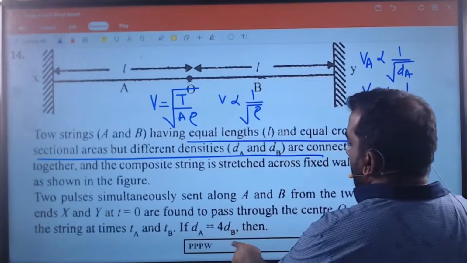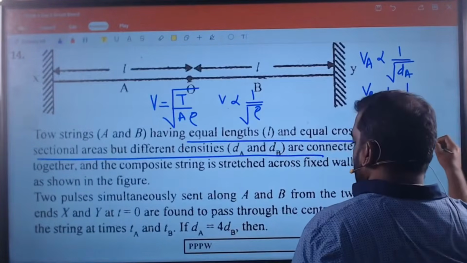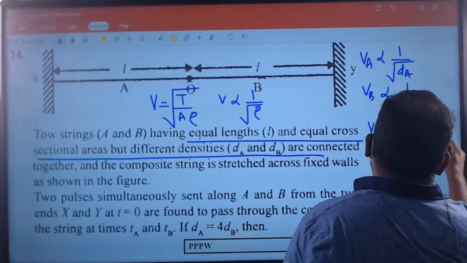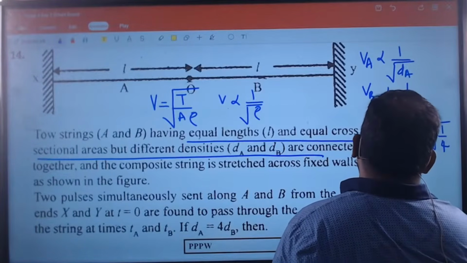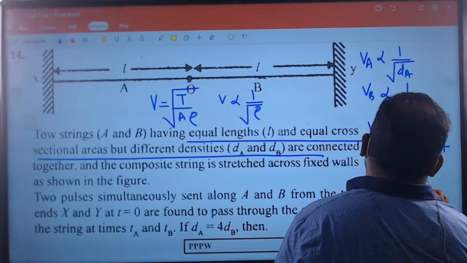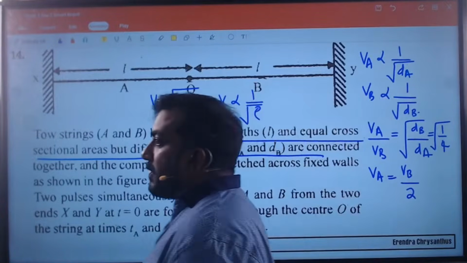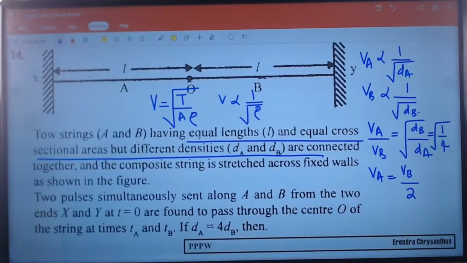Now here dB divided by dA is 1 over 4. Square root means VA is equal to VB divided by 2. So VB is faster. Right. What are they asking you?